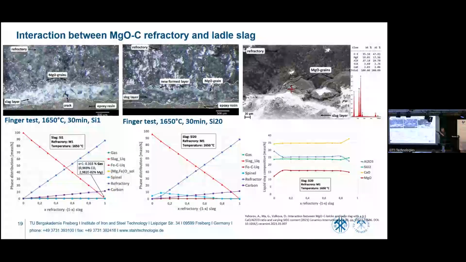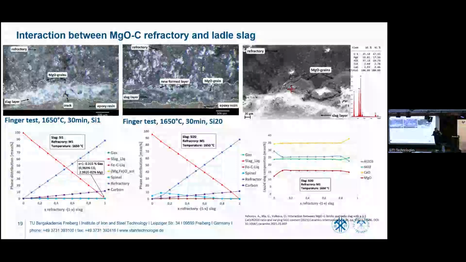It is another refractory, a ladle refractory for the slag region. And in this case, we calculated interaction between infiltrated slag and refractory. And we found that with 20% of silicon, we have spinel formation. If slag is in the refractory, it interacts with the refractory, and we can find spinel.